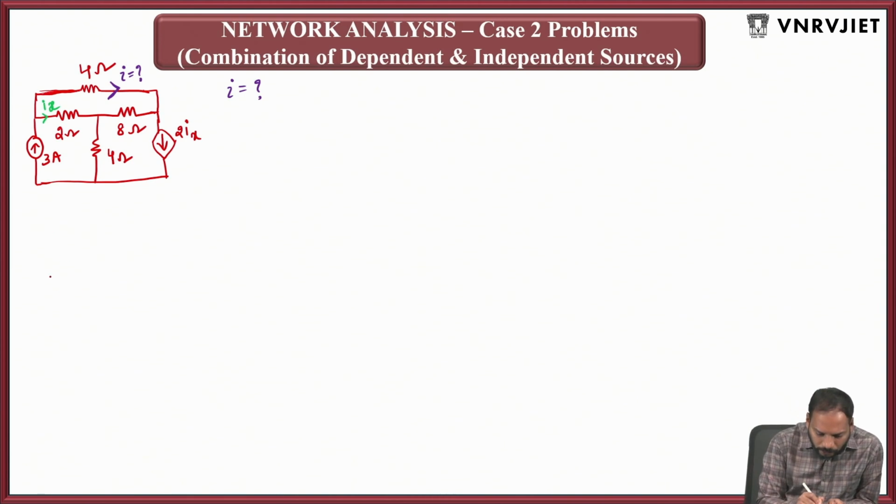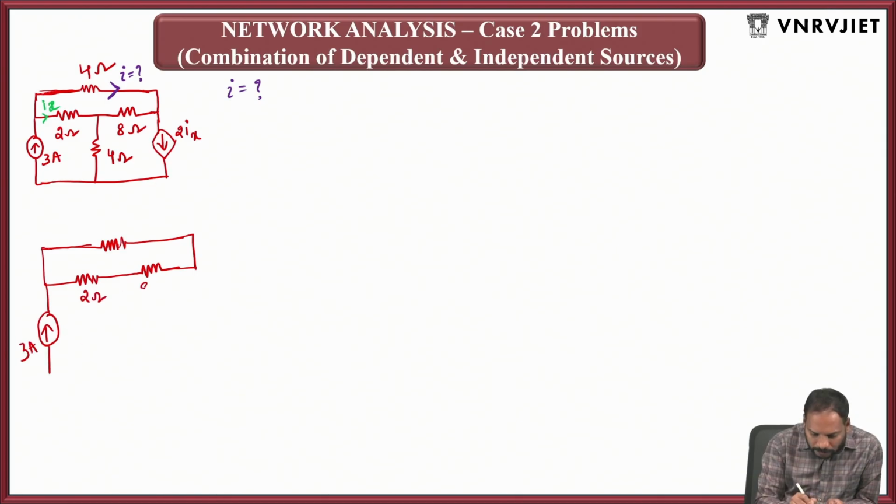Redrawing the circuit. This is a 3 ampere source given. This is 2 ohms, this is 8 ohms, this is 4 ohms, and this is once again 4 ohms.